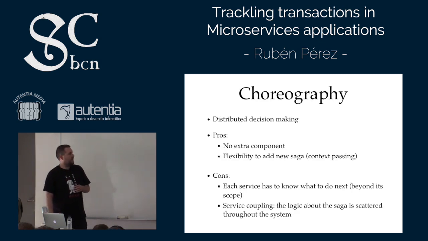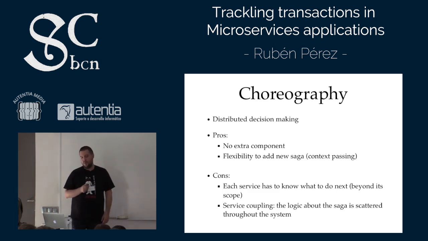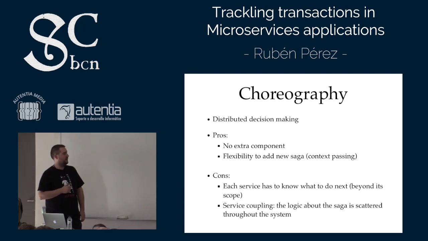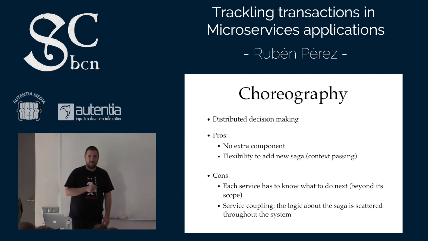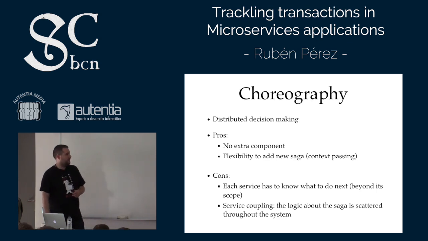So with choreography, we have a distributed decision making, and also we have some pros that we don't need an extra component to implement that, and we also have a higher flexibility to add new sagas, mostly depending on the implementation details. And also a few cons.